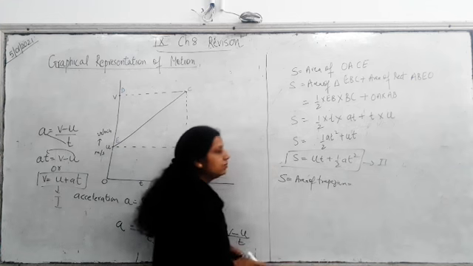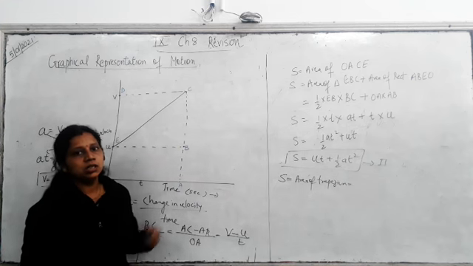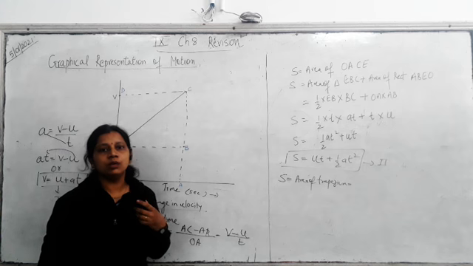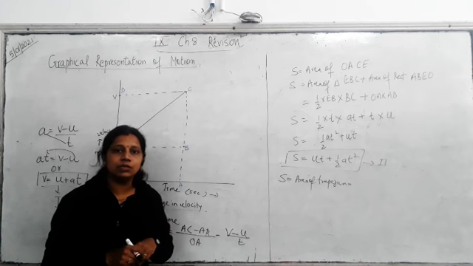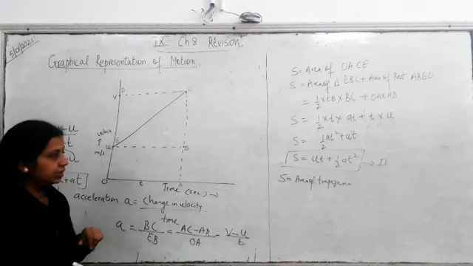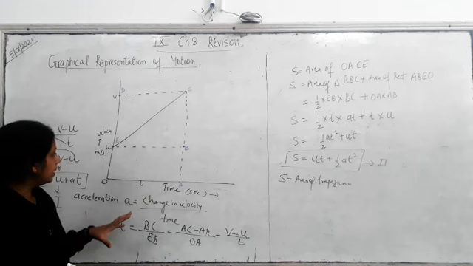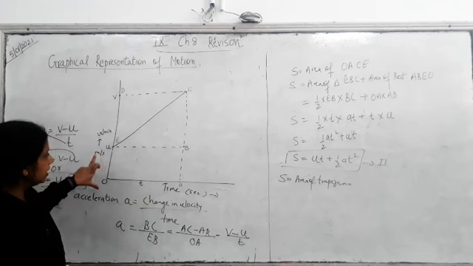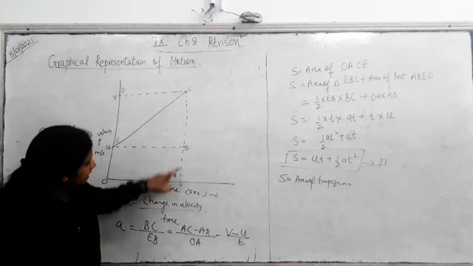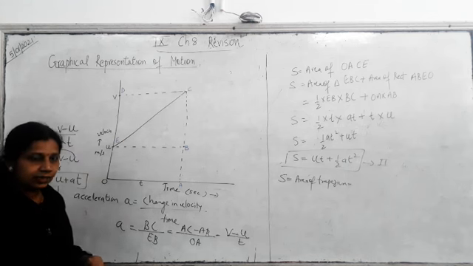What is area of trapezium? Half into sum of opposite sides into height. So here, what will be the opposite sides? Parallel sides. Parallel sides will be OE and AC, right?